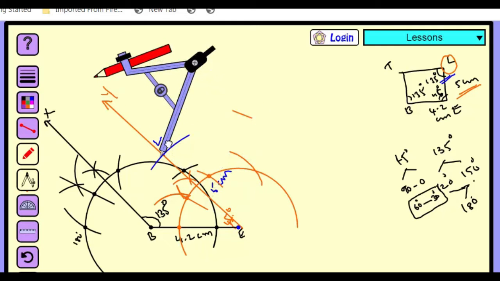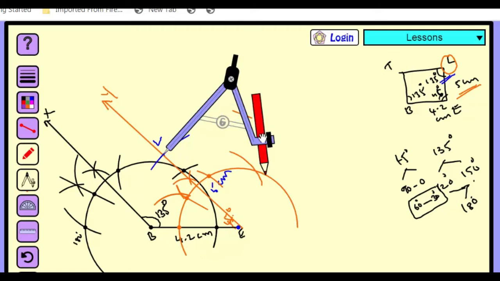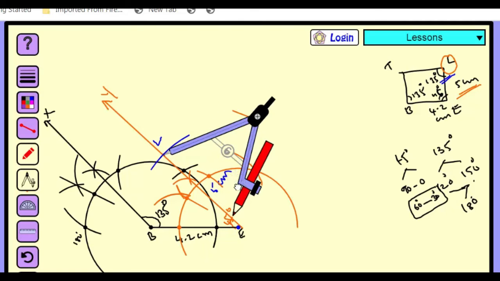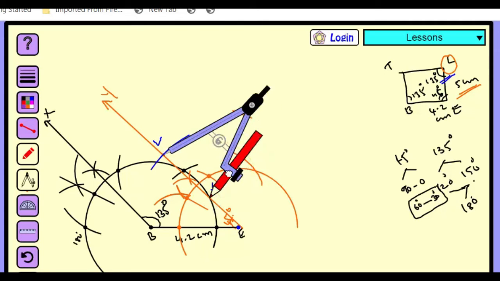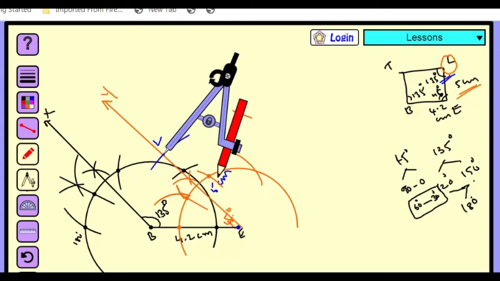So for that you should take the compass and now L as the center. Take the compass radius more than half of the length of BL. Now with L as the center, draw an arc.